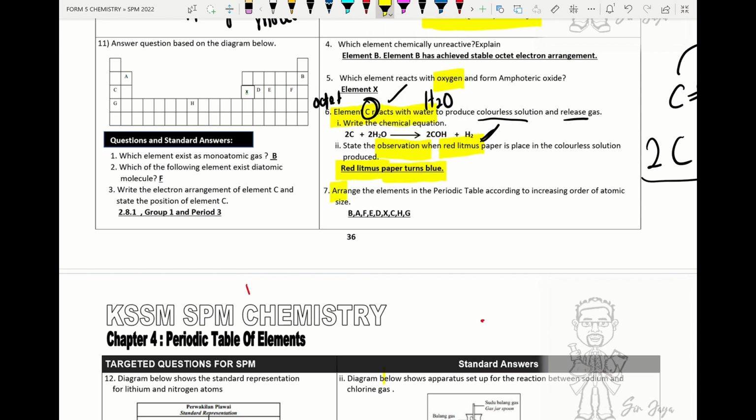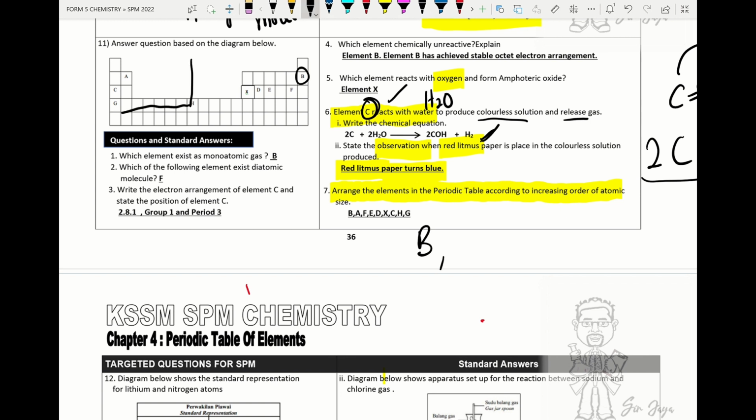Try to read question number 7. Arrange the elements in the periodic table according to increasing order of atomic size, from smaller size to bigger size. How to do this one? From here we go up and go to the right hand side. This is the smallest atom, so B will be the smallest atom.